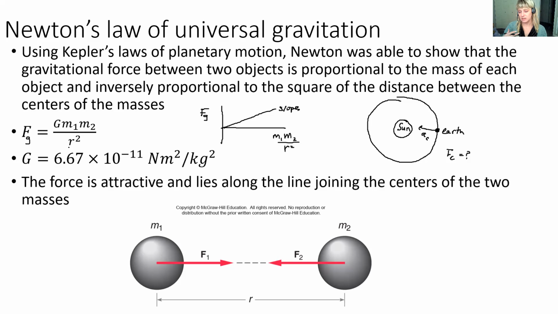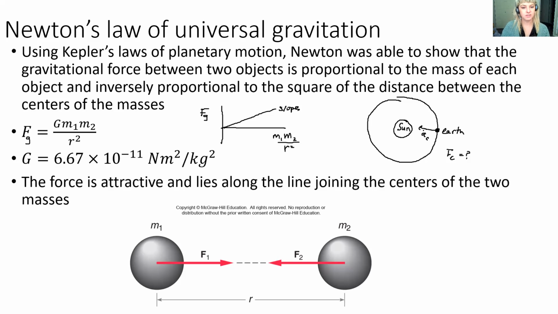There's always a force between, like, you and me, or any objects with mass. But it's such a small number, it's negligible in the case of everyday sized objects. But for big masses like planets and suns and moons and stars, this gravitational force can get pretty big. And it causes the centripetal acceleration to occur.